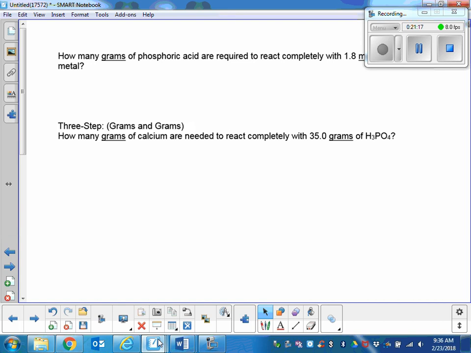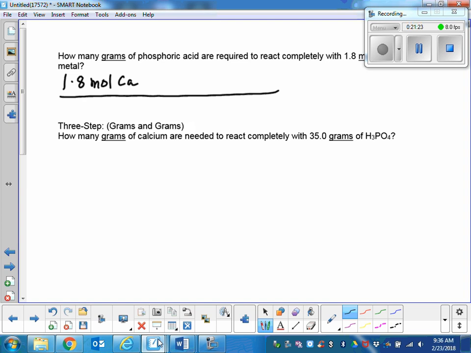Okay? So I have 1.8 moles of calcium. What will I convert 1.8 moles of calcium into? What do I fill in the numerator? What am I converting moles of calcium into? Moles of phosphoric acid. Is that right? What am I converting moles of phosphoric acid into?